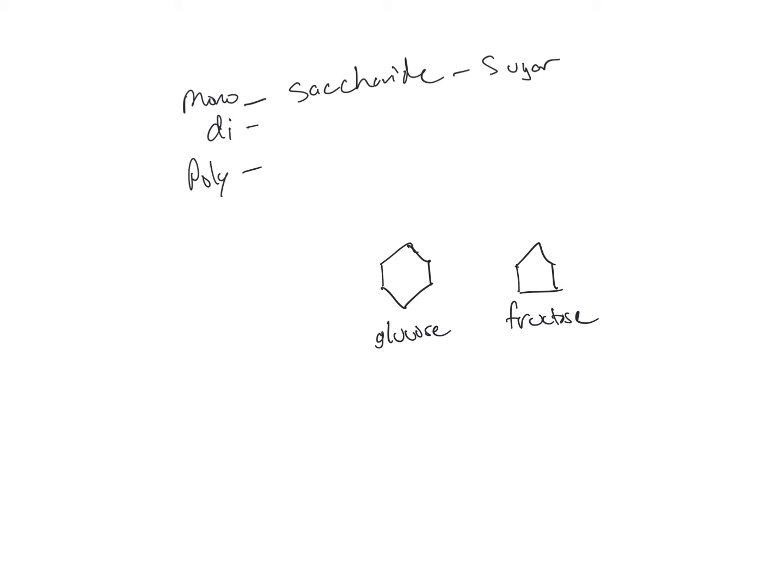There's other ones like sucrose, which have 2 rings on them, like so. Sucrose, sorry about the spelling here. So this would be a di, because there's 1 ring here and 1 ring here. This each would be a mono.